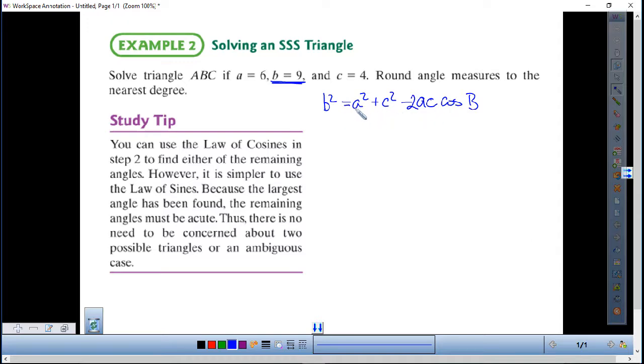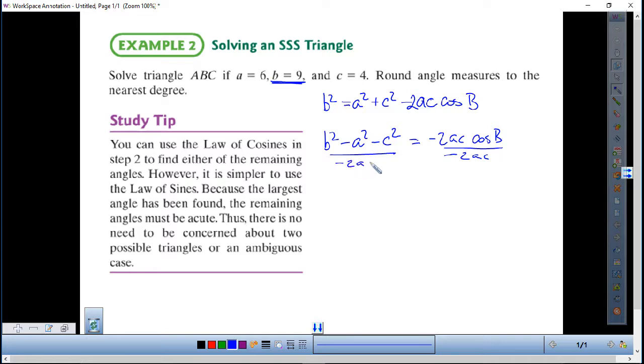So I'm going to move the a squared and the c squared over. You're going to have b squared minus a squared minus c squared equal to negative 2ac times the cosine of B. If I want to get cosine B all by itself, I'm going to divide both sides by negative 2ac.